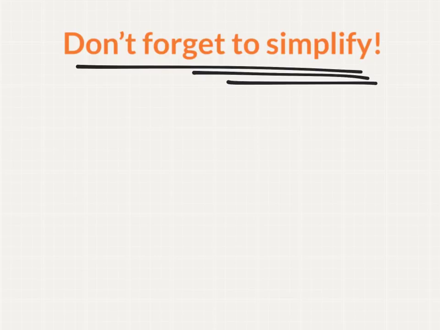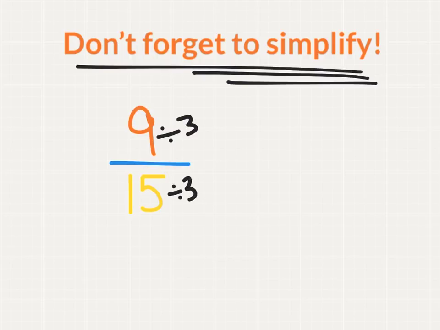For example, if I saw that I had 9 oranges to 15 bananas, I need to remember if I can simplify, I should simplify. And so the ratio of 9 oranges to 15 bananas can be simplified by the greatest common factor shared by 9 and 15, which is 3.